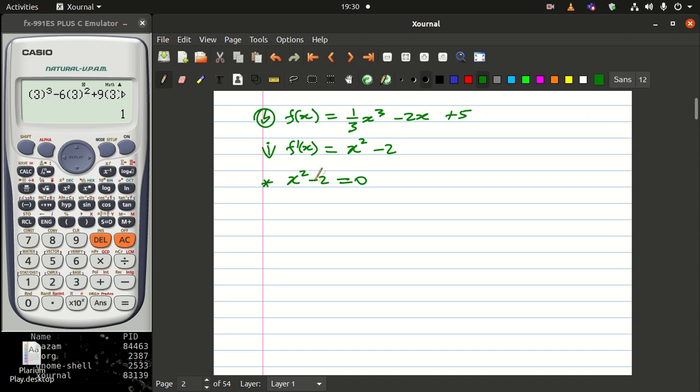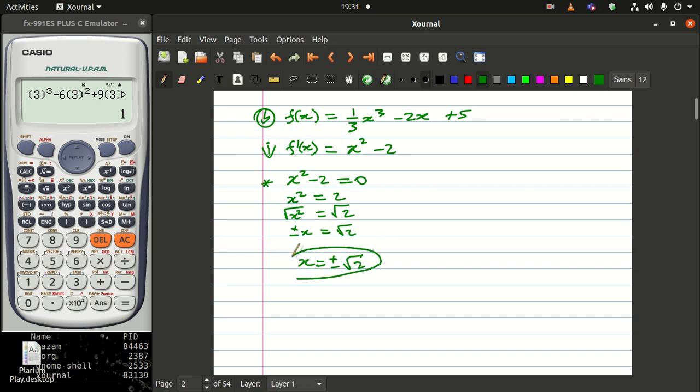And if you look carefully into this here, you will find out that we are having a nice thing here, which is you can take x squared and say it is equal to 2, and then you take the square root on both sides, and then you will get plus or minus x is equal to the square root of 2, and then your x is equal to plus or minus the square root of 2.